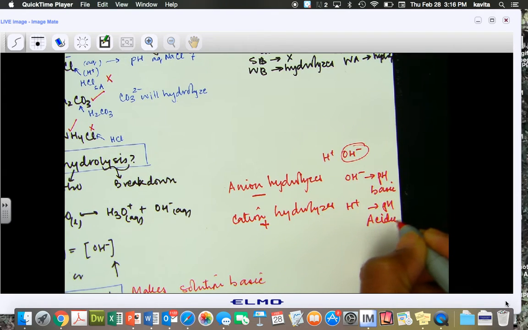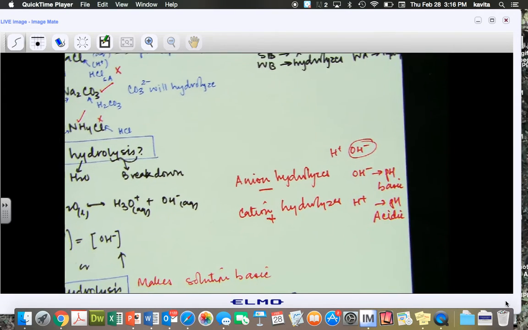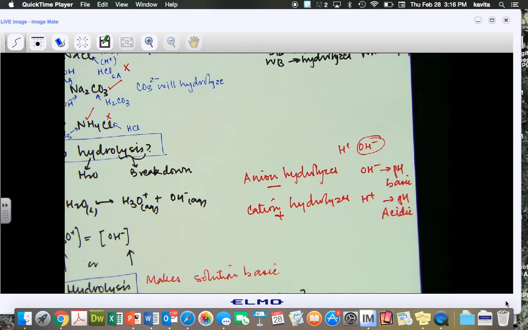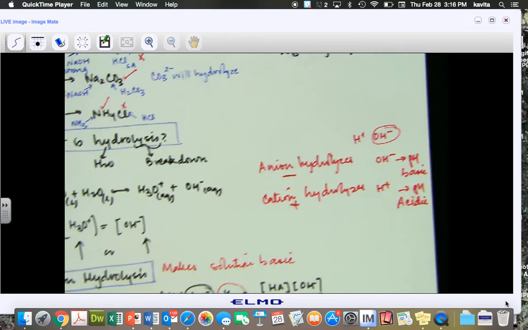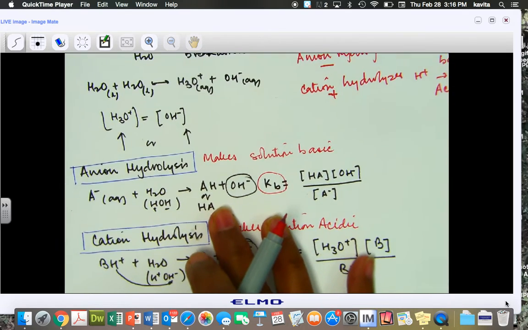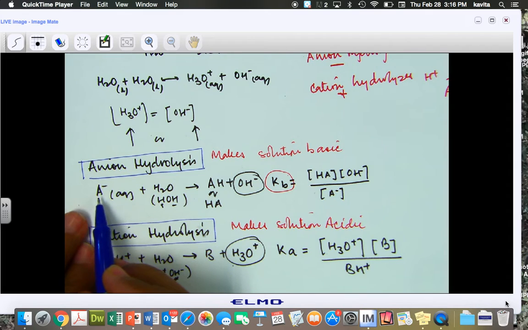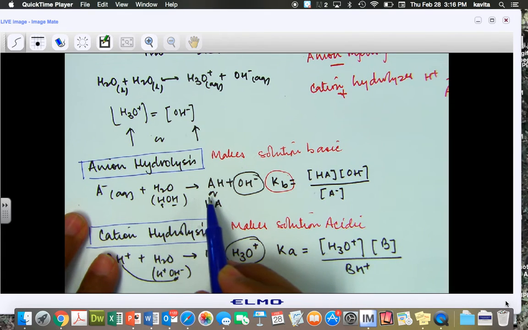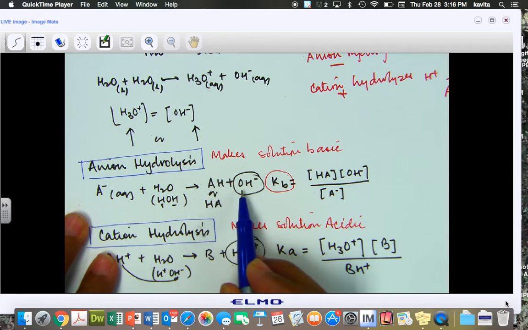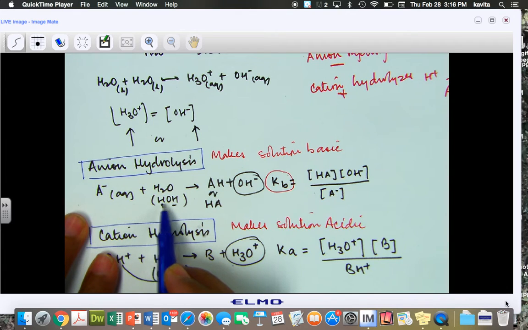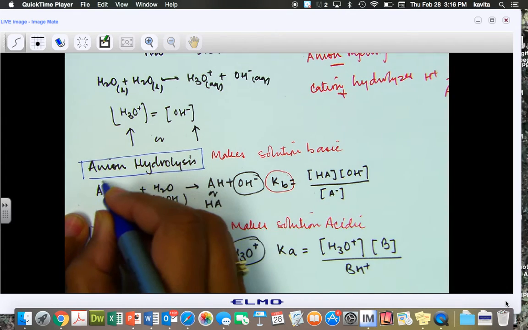So your first step in figuring out the pH of a salt solution is to determine which ion, or neither, will hydrolyze. Once you have identified that, now you have to write the equations. If an ion hydrolyzes, then the general equation is A- plus water gives you HA plus OH-. Think of water as H+ OH-, so opposites attract.